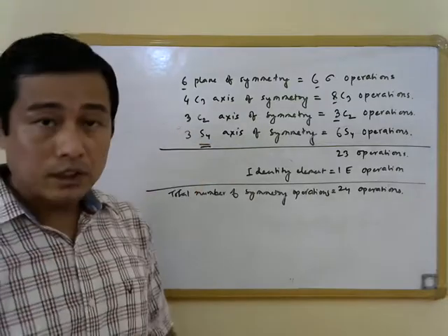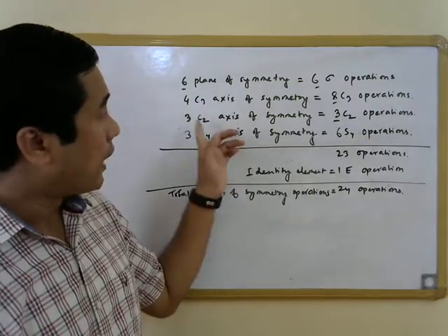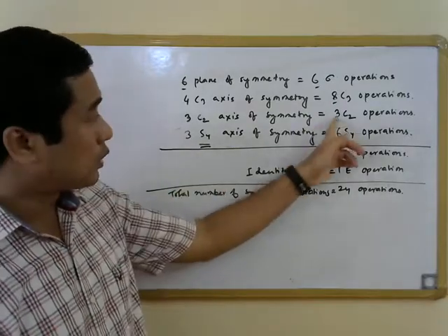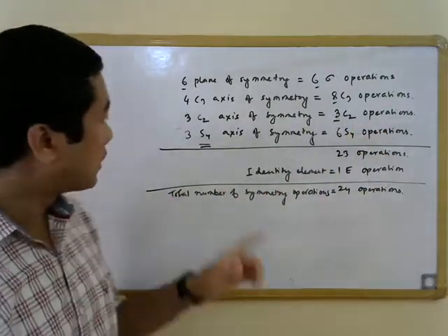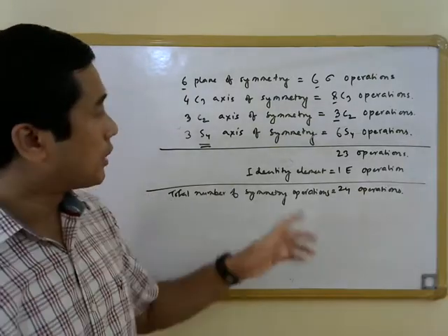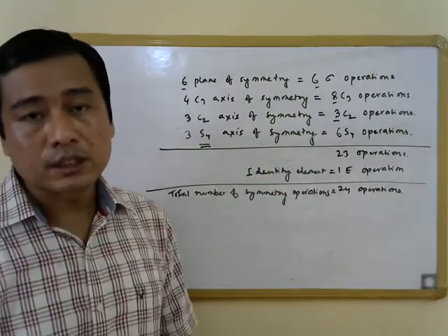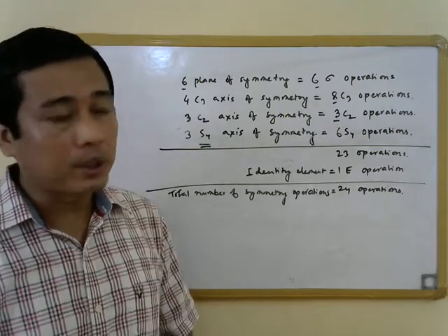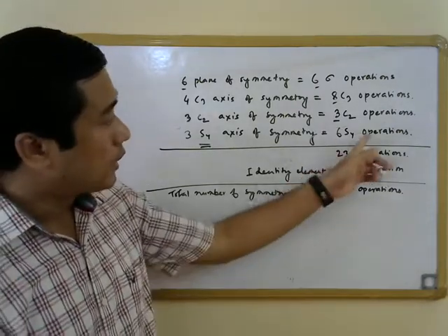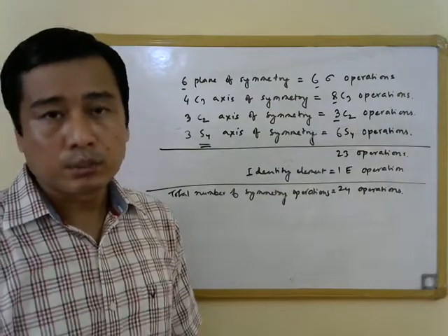There are 3 C2 axes of symmetry, and each of them produces again one symmetry operation, so there are 3 C2 operations. And finally we saw that there are also 3 S4 axes of symmetry, and each of these S4 axes of symmetry produces two symmetry operations, that is S4^1 and S4^3, and there are a total of 6 S4 symmetry operations.